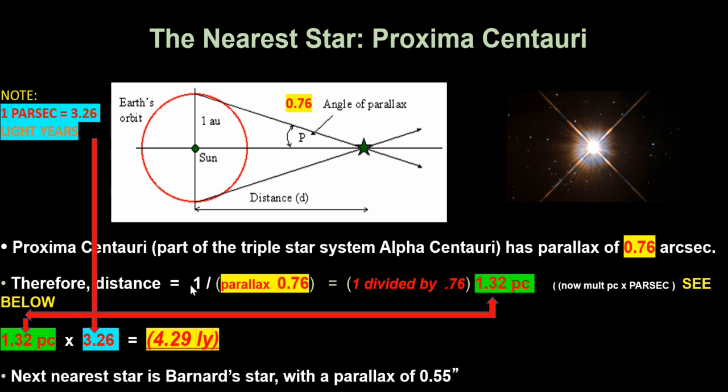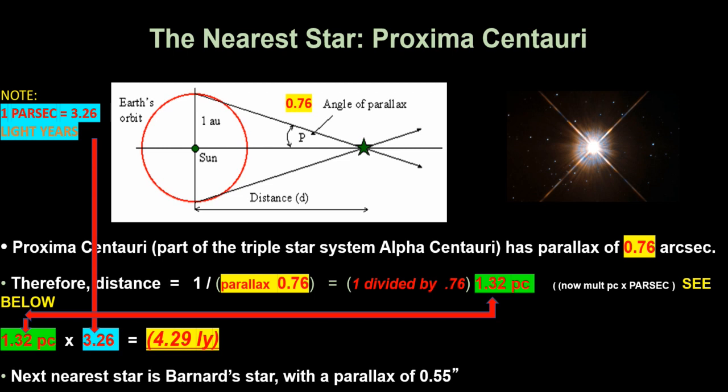The distance is computed. There's always one over the 7.76, which was the parallax angle, and that's basically 1 divided by 7.76, and that would equal 1.32.